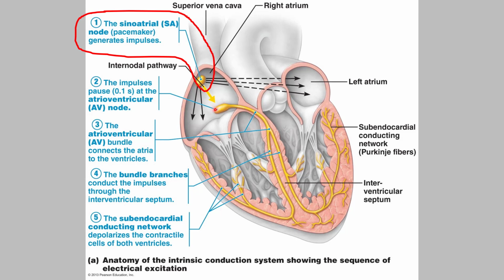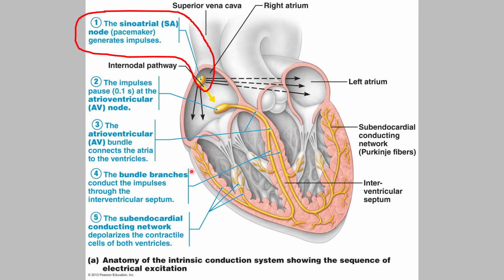At some point, it's going to reach the AV node, which responds by generating its own action potential. And when it does that, that action potential is going to travel down the bundle of His, the left and right bundle branches, and up through the ventricle walls in the subendocardial conducting network, the Purkinje fibers.